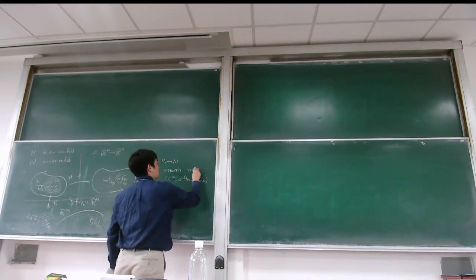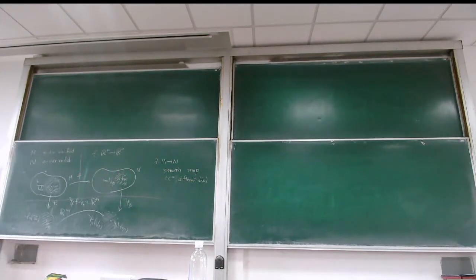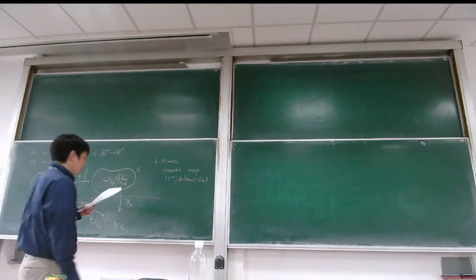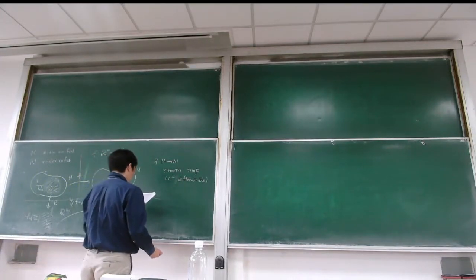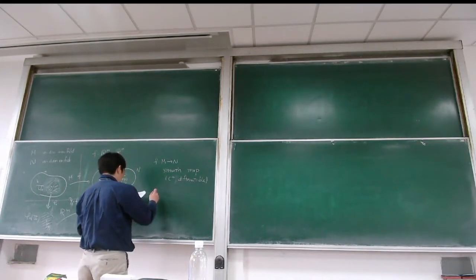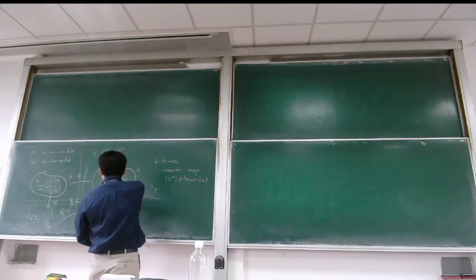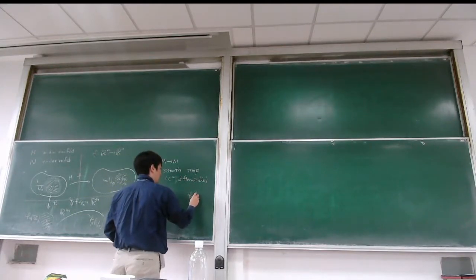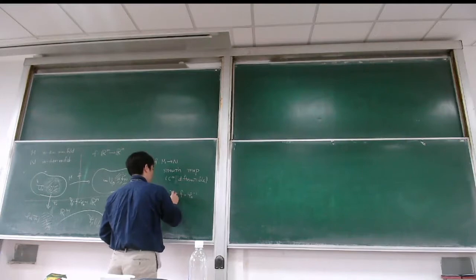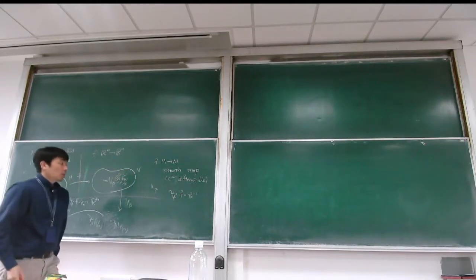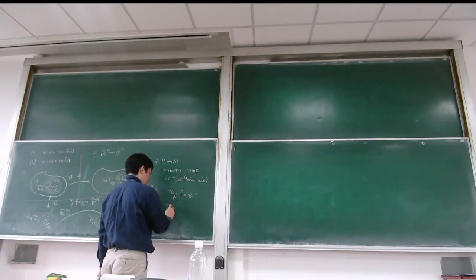Map. But smooth is the easiest way to create it. I just use smooth map. If for any point p, the composition phi alpha dot f dot psi beta is smooth.